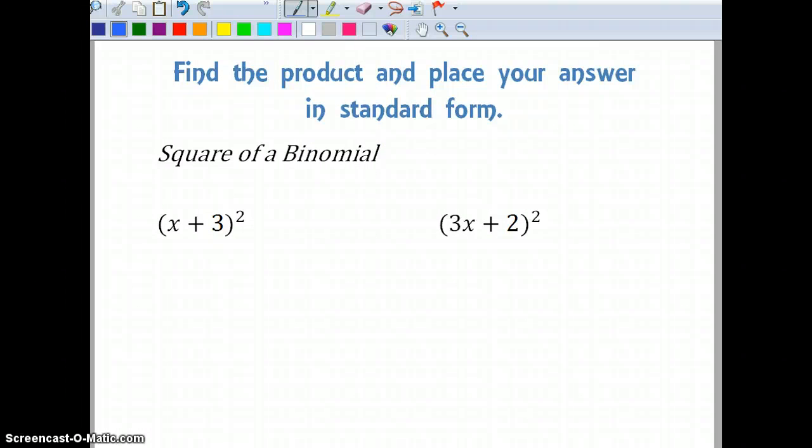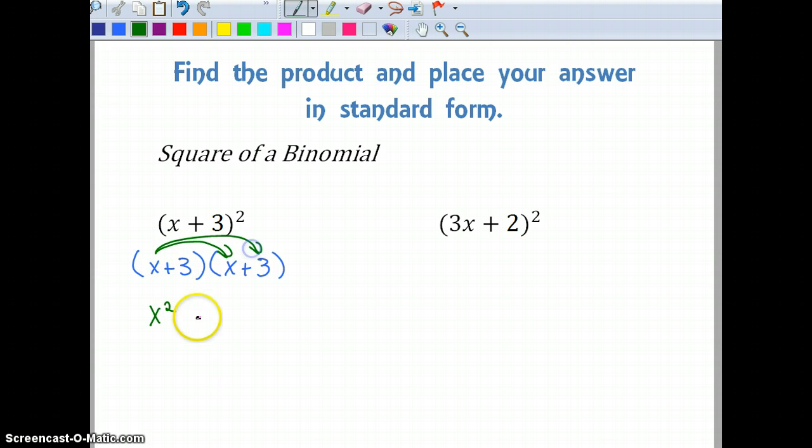Now let's do another one. This time we're going to do a square of a binomial. One thing you've got to be careful on this, I've got x plus 3 squared. That means that I have x plus 3 times x plus 3. Now what's x times x? X squared. What's x times 3?